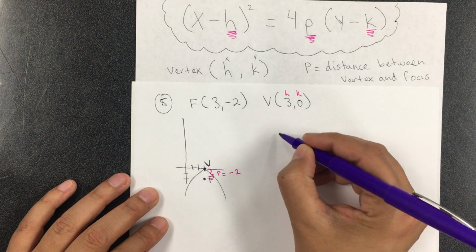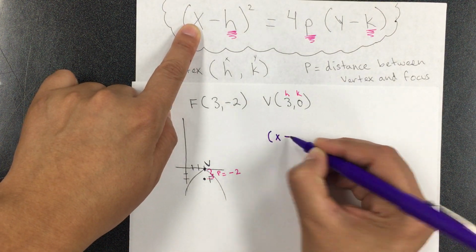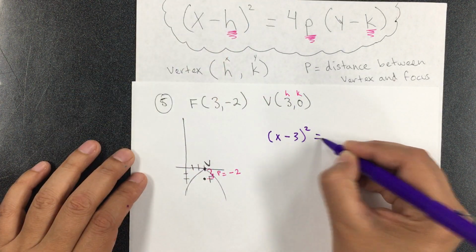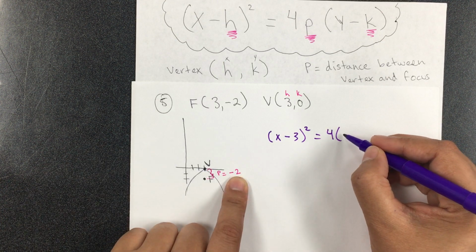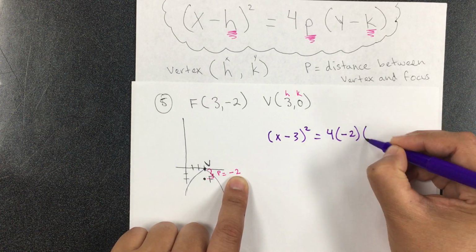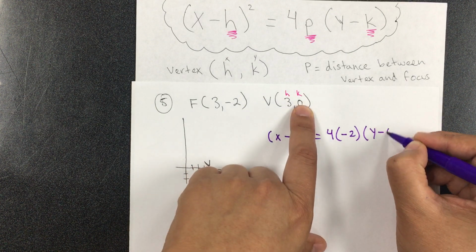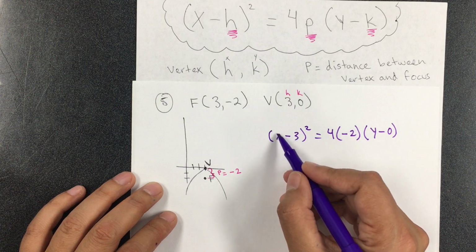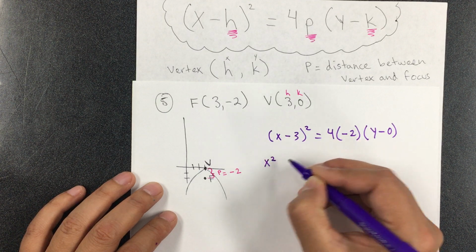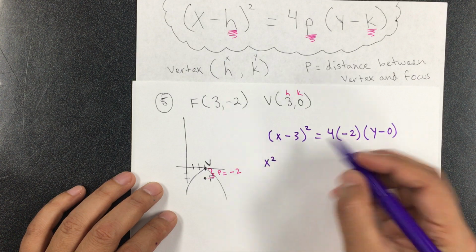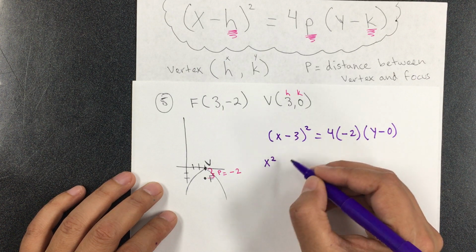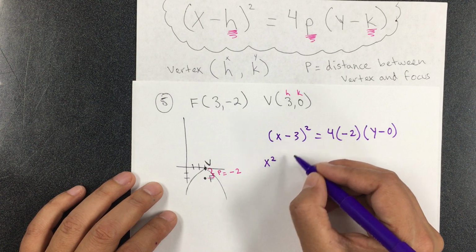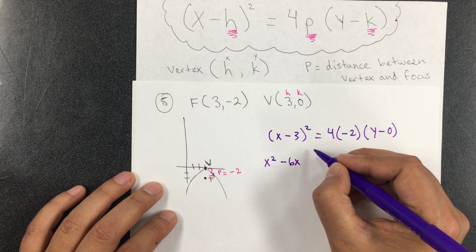So we put (x minus h), which is 3, squared, equals 4 times p, which is -2, times (y minus k), which is 0. Remember that when we have a perfect square, we square the first one, x squared. Then double the product: x times -3 is -3x, times 2 is -6x.